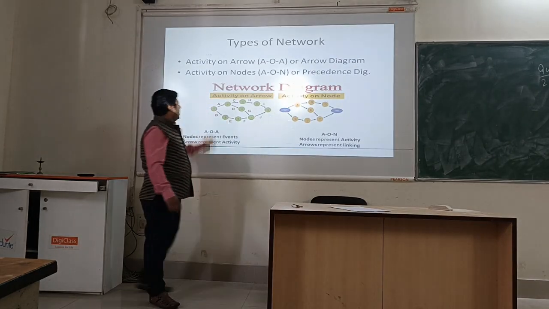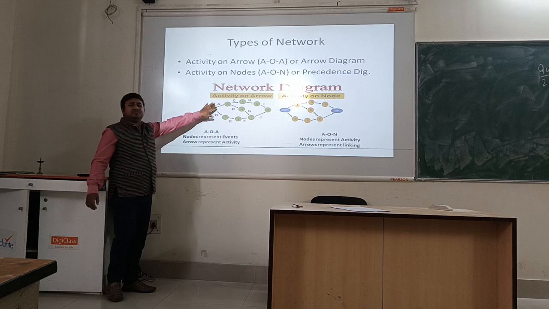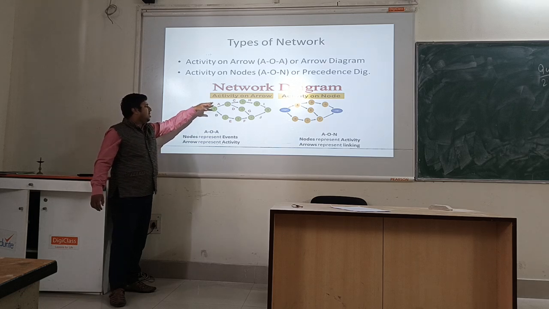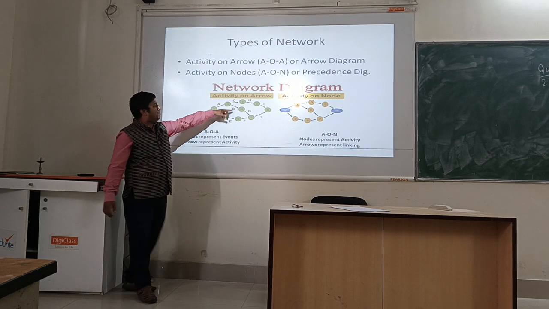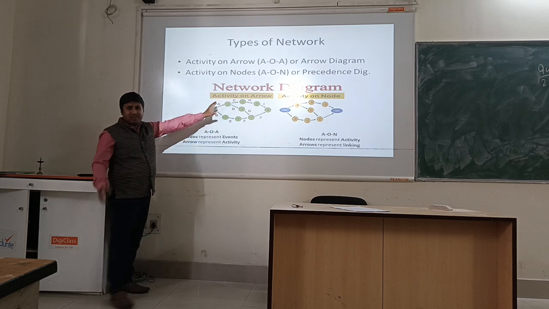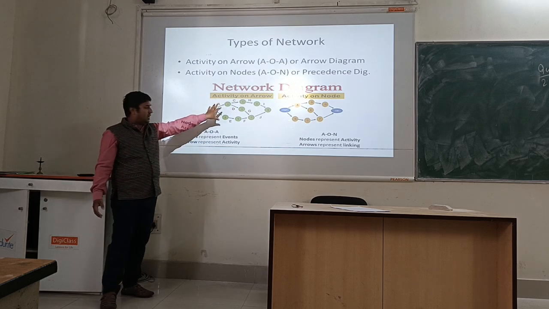In the AOA diagram, the activities are seen on the arrows and the events are represented on the nodes. These nodes 1, 3, 5, 4 represent the events. We will see in the upcoming slides what an event is and what an activity is.